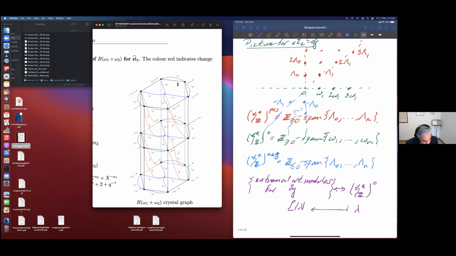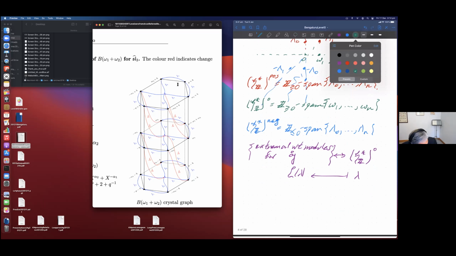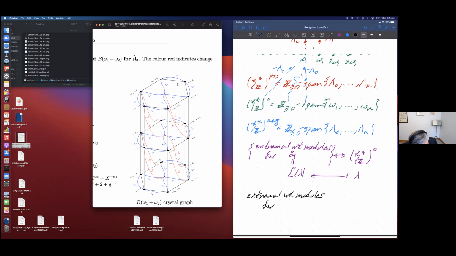And then if I go to the affine Lie algebra, then I have extremal weight modules for the affine Lie algebra.